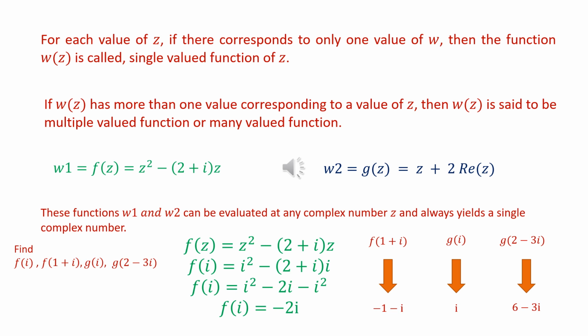So similarly, if we perform for the other arguments 1 plus i and 2 minus 3i, we get the results as minus 1 minus i for f of 1 plus i, for g of i, and 6 minus 3i for g of 2 minus 3i. So you may check these results corresponding to these arguments of the functions f and g.